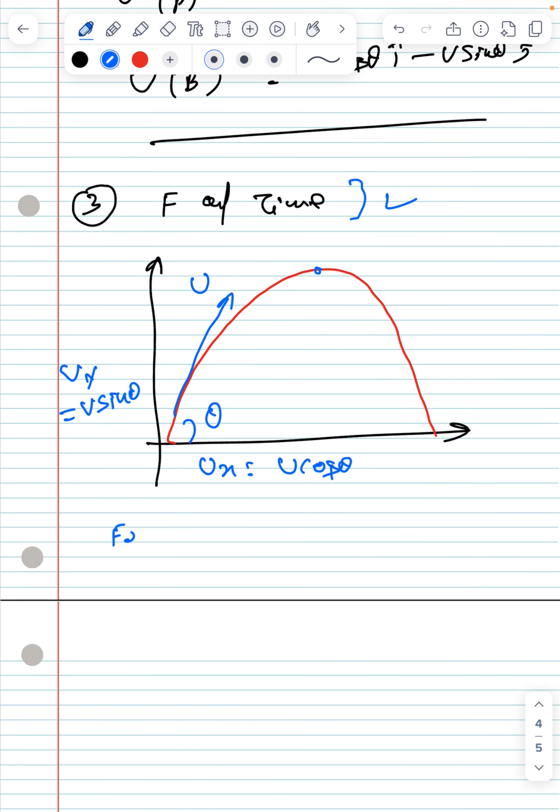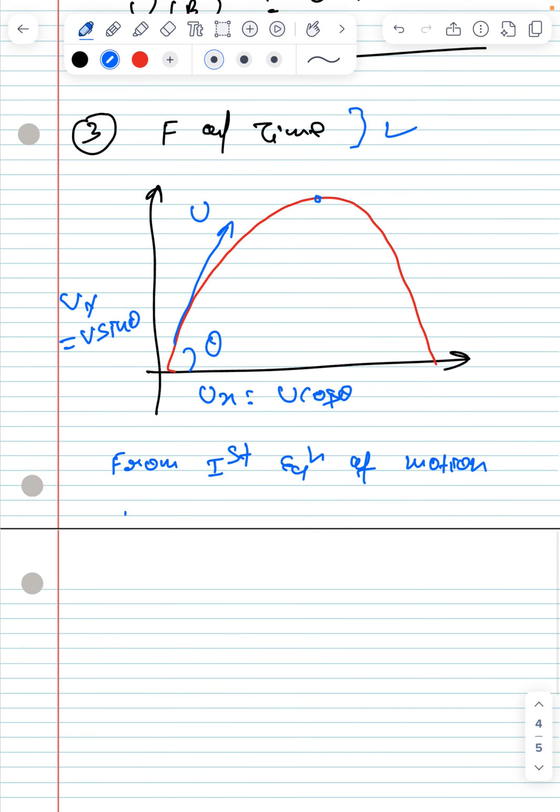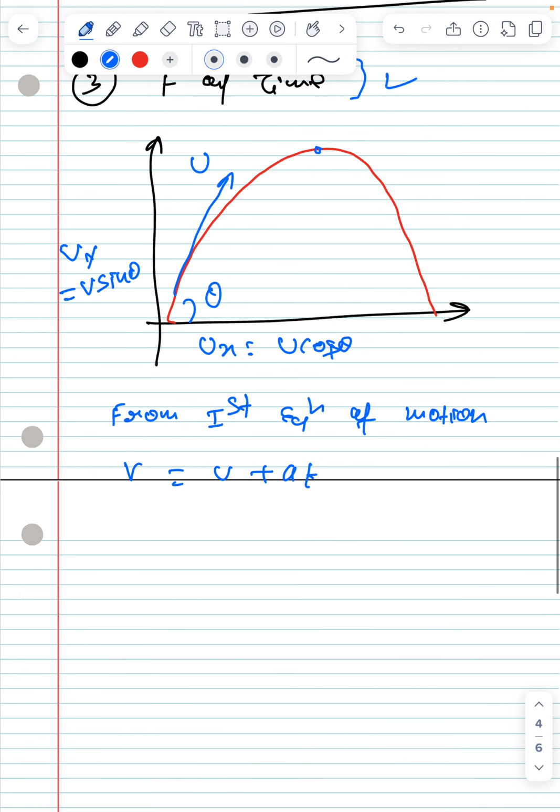In this situation, the components of projectile velocity with respect to the angle of projection: u x equal to u cos theta and u y equal to u sin theta.